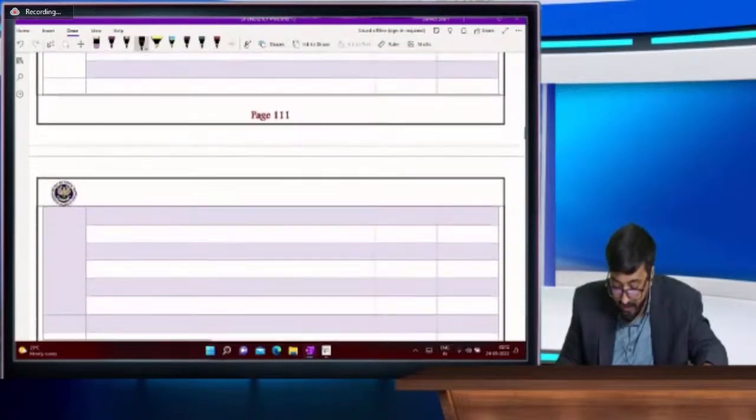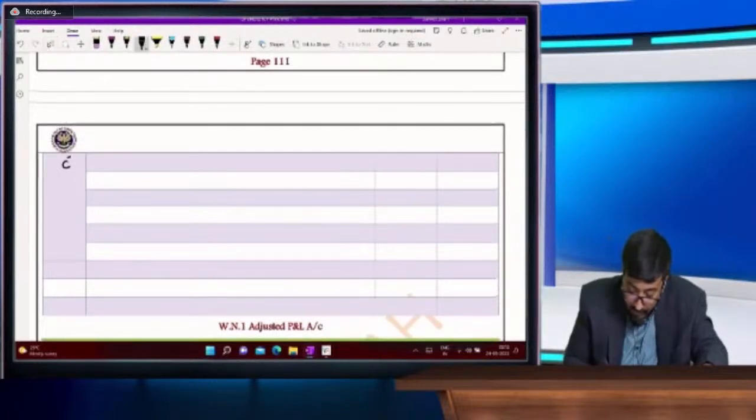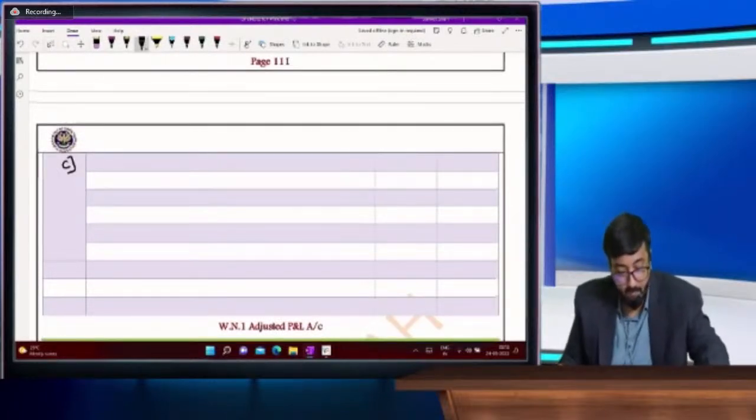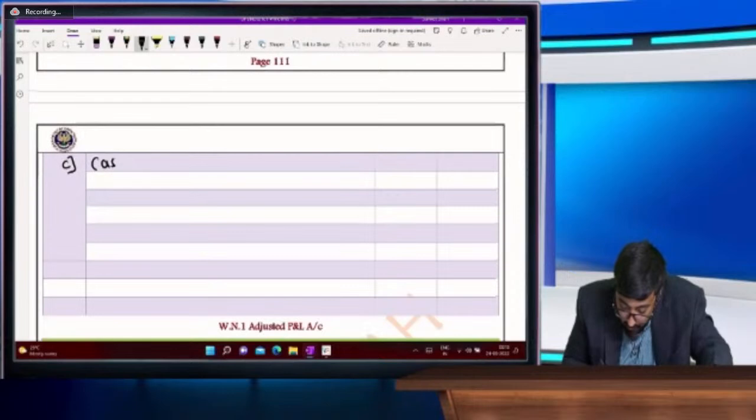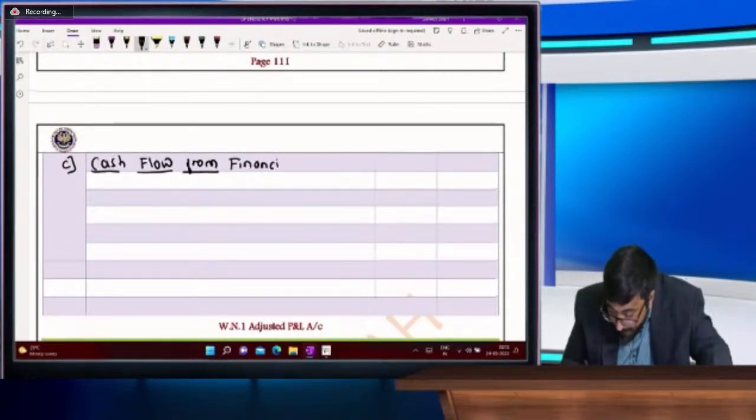Skip 7 lines. C. Cash flow from financing activities.